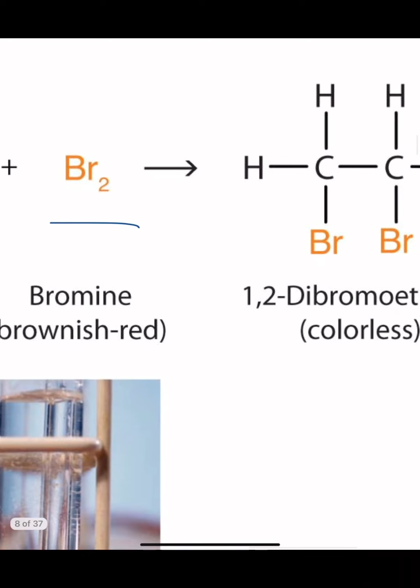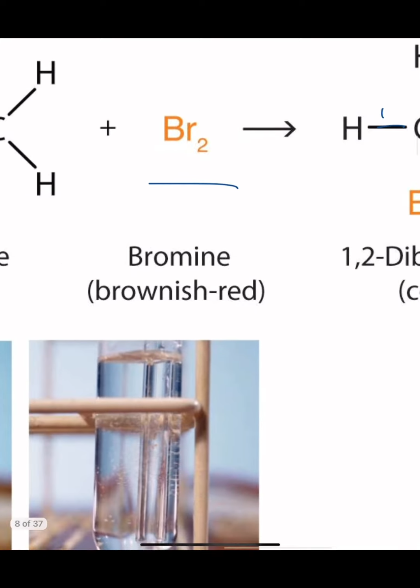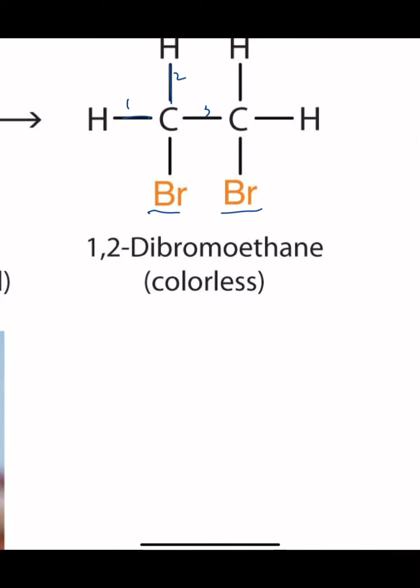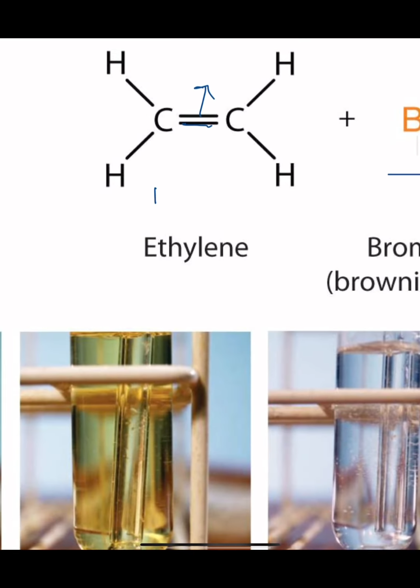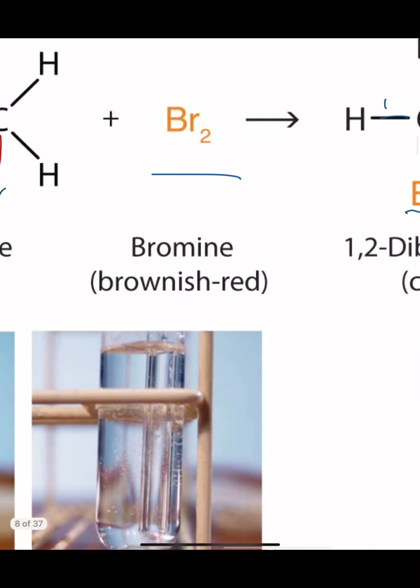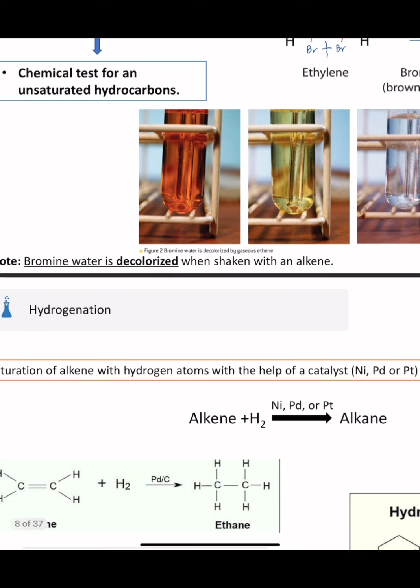Once I break it, before I add, I will have 3 bonds in here. 1, 2, 3, right? 3 bonds. And then what I will do, I'm going to add the bromine underneath, as you see in here. So I bring bromine in here at the bottom, so they will have a bond too. This bond is breaking from here and this double bond is broken, and then they connect like this and bromine is added. As you see, bromine has a reddish brown color.